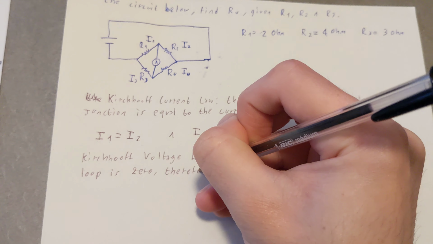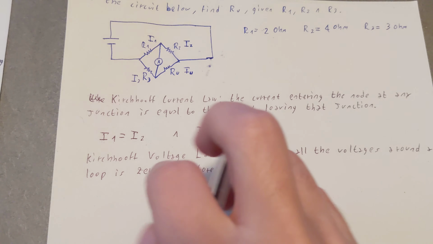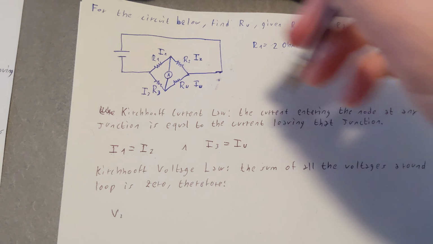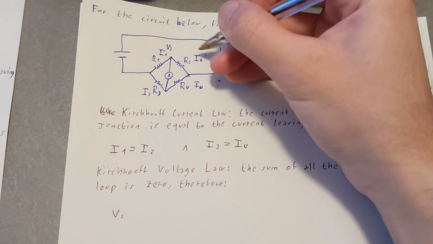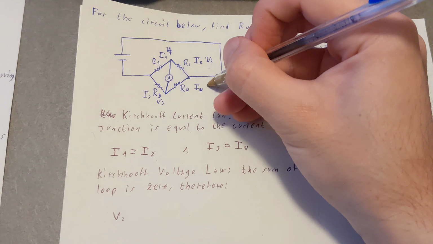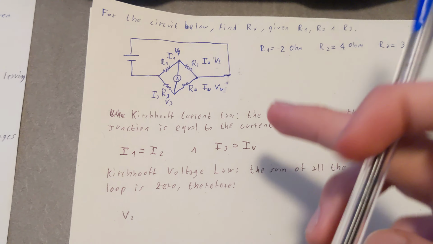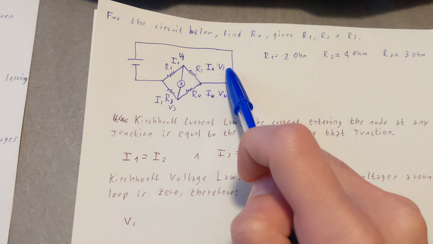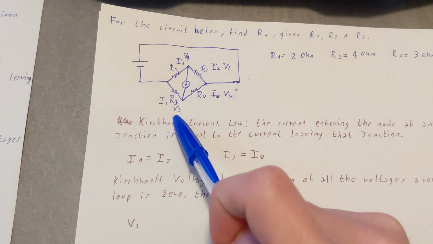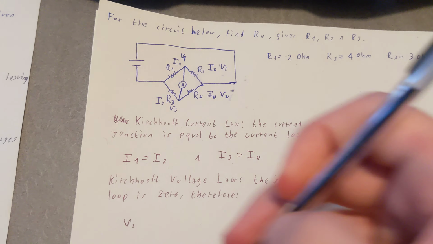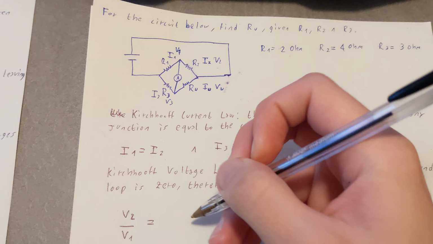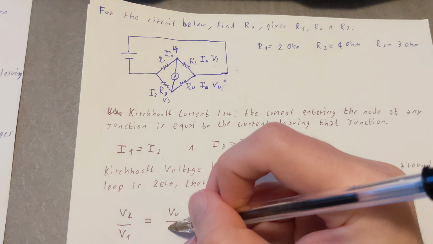Therefore, in our case, each one of those is going to have a voltage as well. So V1, V2, V3, and VU, so V unknown. In this case, we know that V2 over V1 is going to be equal to VU over V3. So we can write it: V2 over V1 is equal to VU over V3.